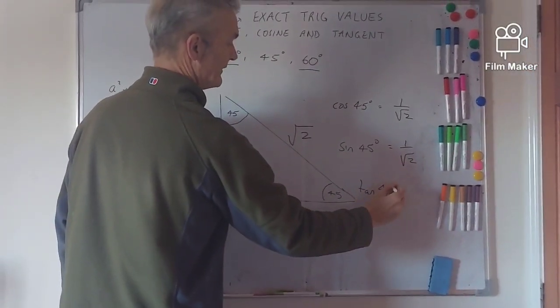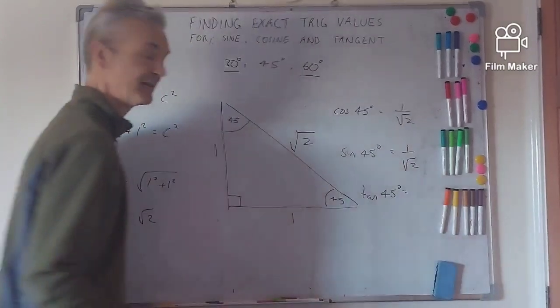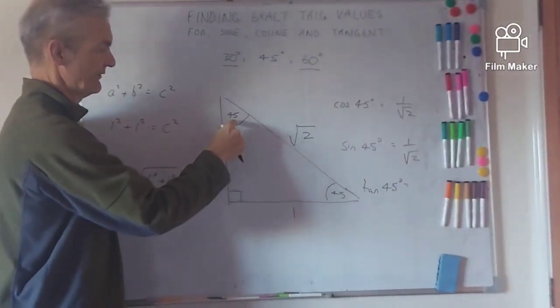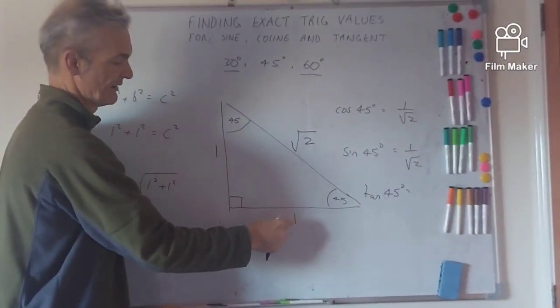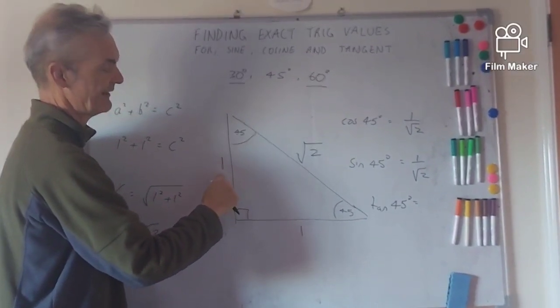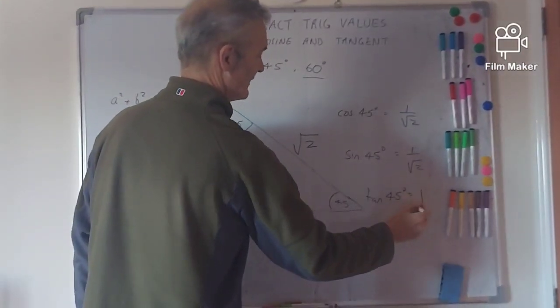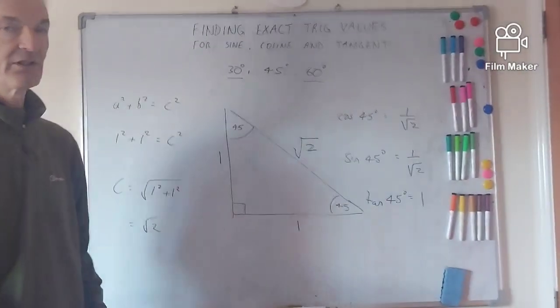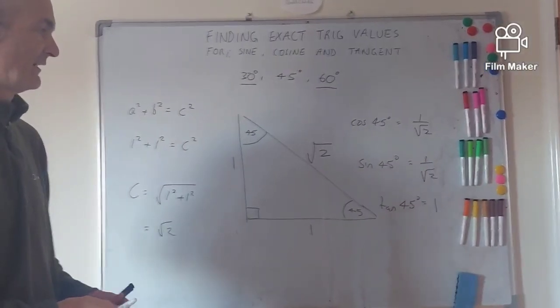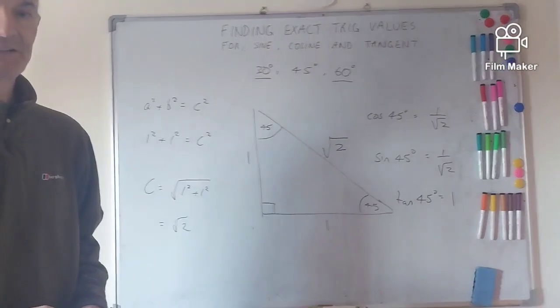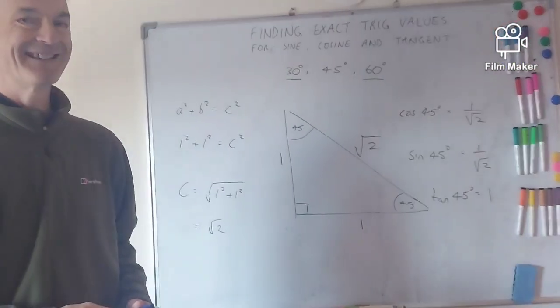And tan 45, 45 here, opposite over adjacent. It's 1 over 1, which is just 1. So we've got cos, sine and tan 45 degrees, the exact value.